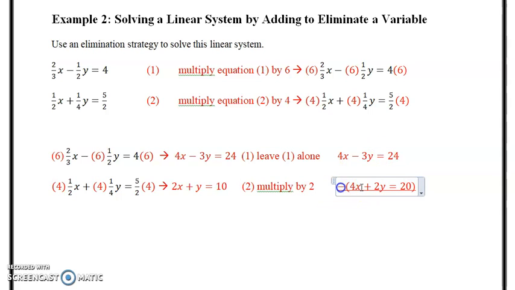Negative 3y subtract 2y, so we end up with negative 5y. And 24 subtract 20 gives us 4.